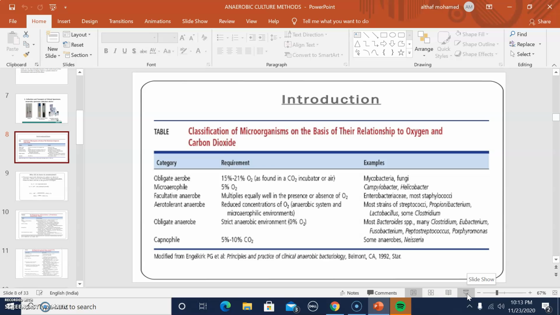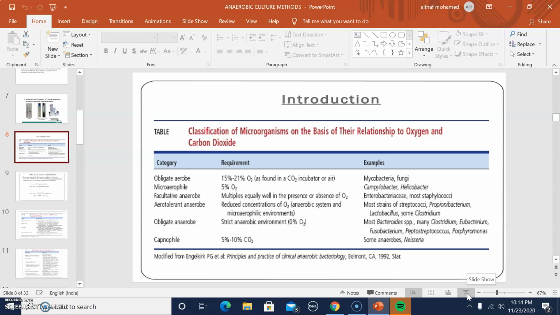Examples are Campylobacter and Helicobacter. Then come facultative anaerobes. They multiply equally well in the presence or absence of oxygen. The most important groups of microbes under facultative anaerobes are Enterobacteriaceae and most of the staphylococci.